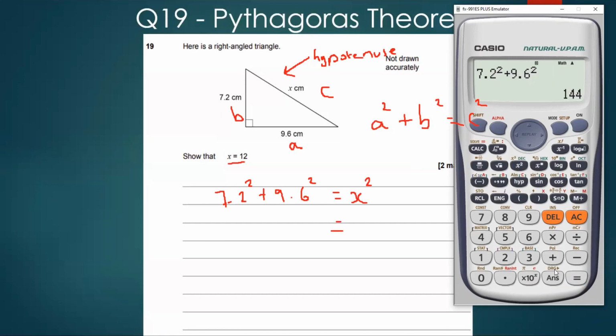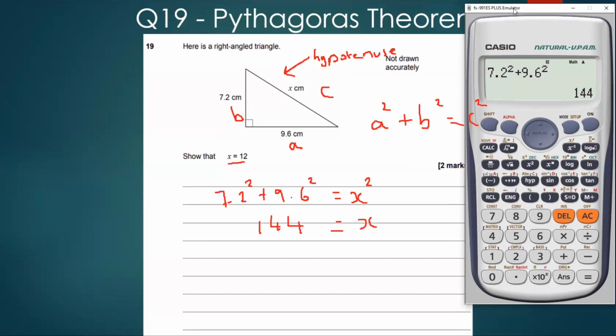That's going to give me 144, which is equal to x squared. So the opposite of squaring is square root. So the square root of 144 is equal to x. Typing that into your calculator, 144 is a square number, so x is equal to 12.